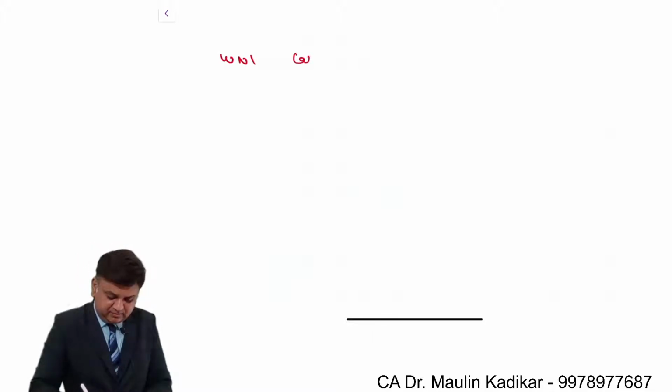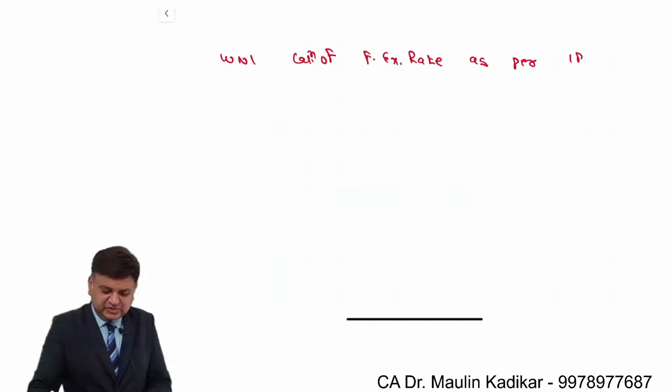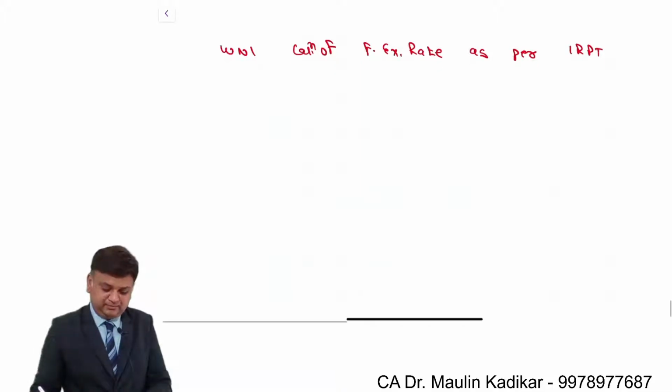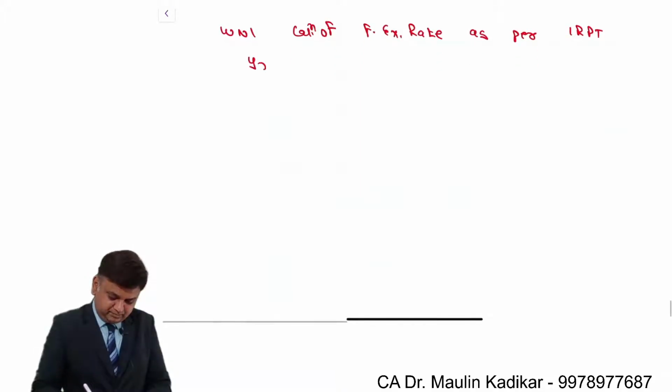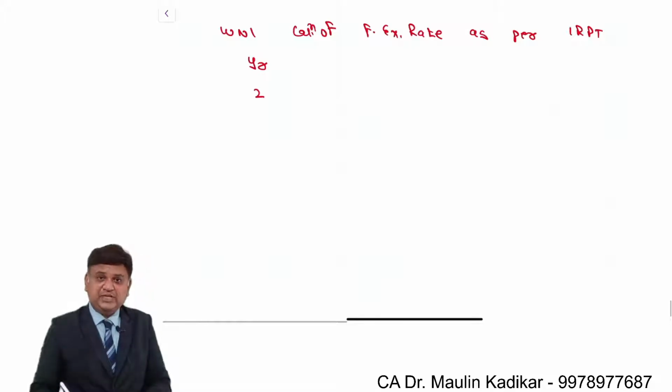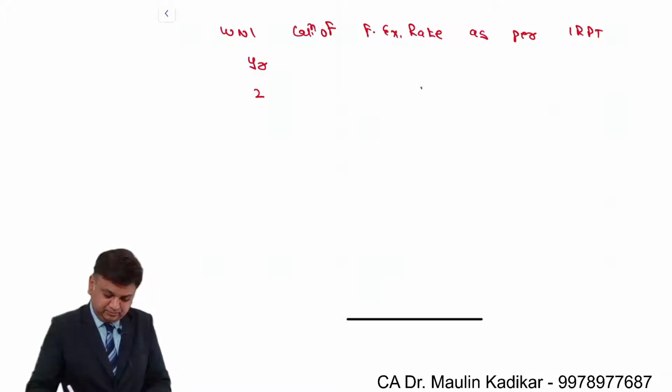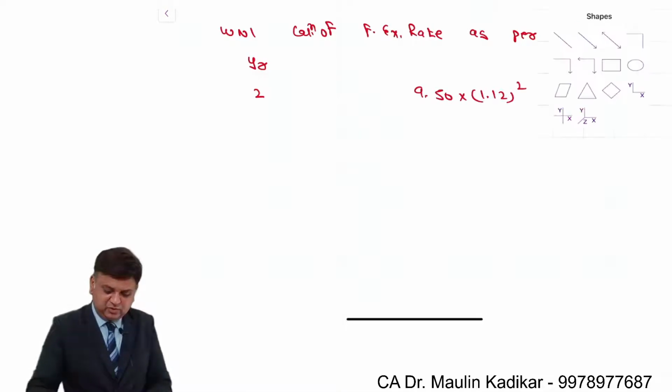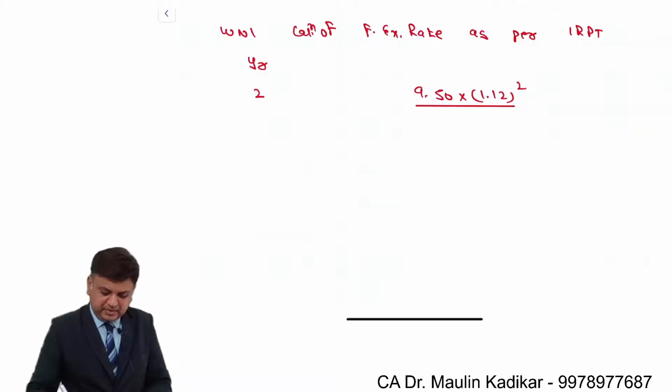Working note number 1, calculation of forward exchange rate as per interest rate parity theorem for the second year end. 9.50 into 1.12 square divided by 1.10 raised to 2.